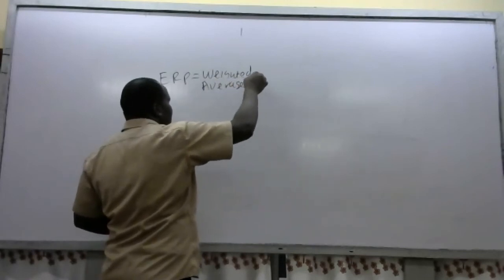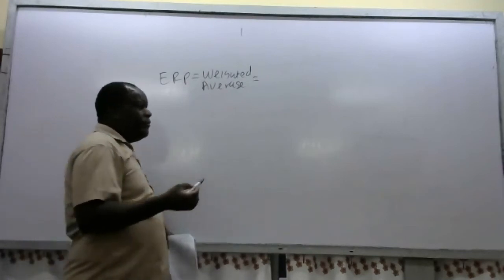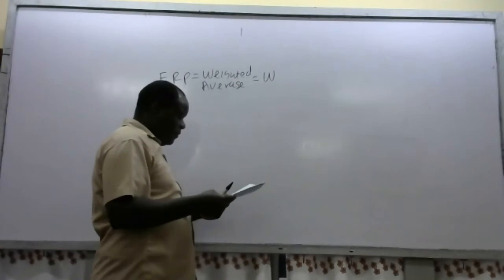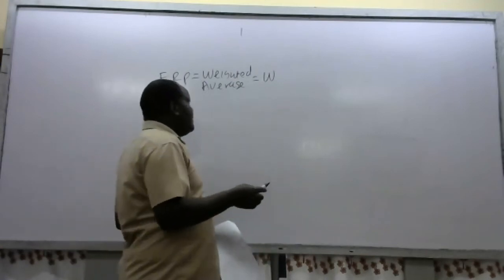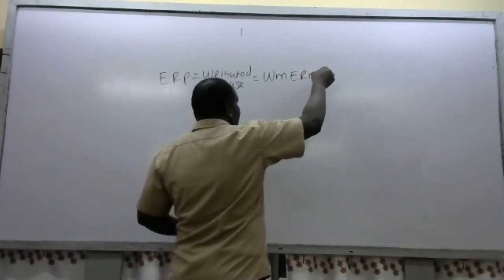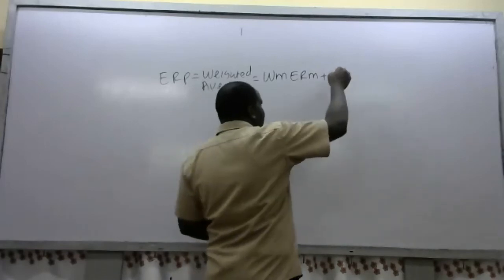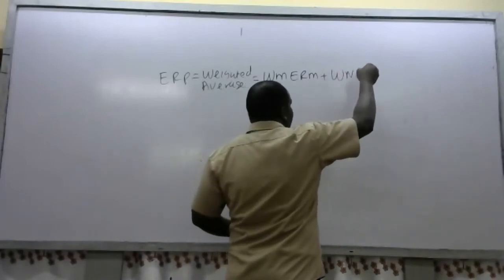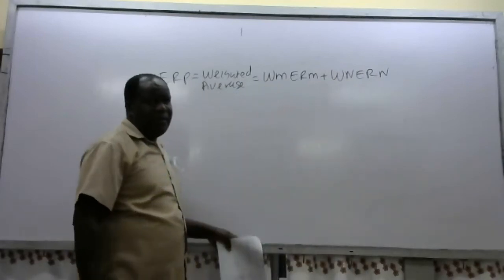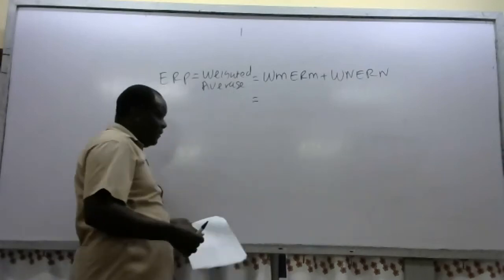Where you get the weight of M, because it was M and N. It's the weight of M multiplied by expected return for M. Also the weight for N multiplied by expected return for N. So the weight for M was given.